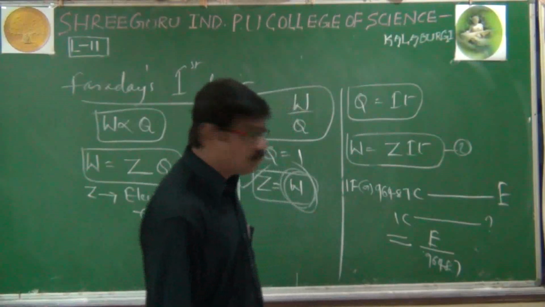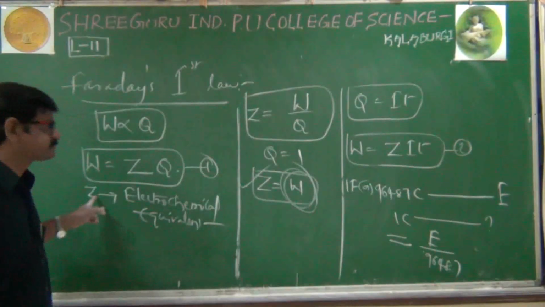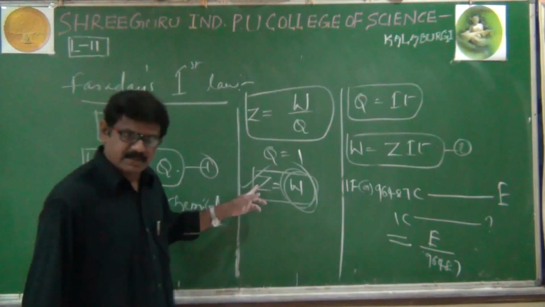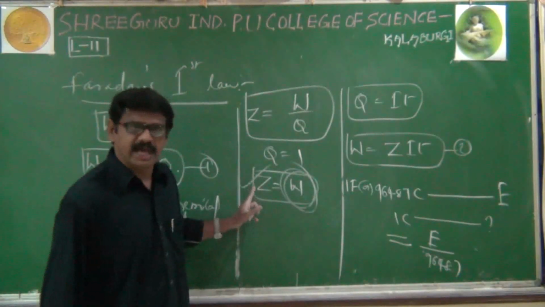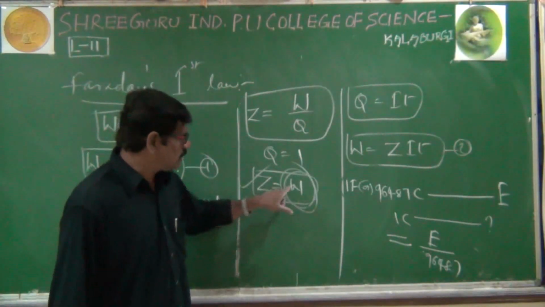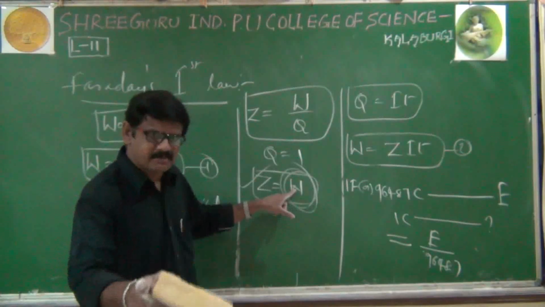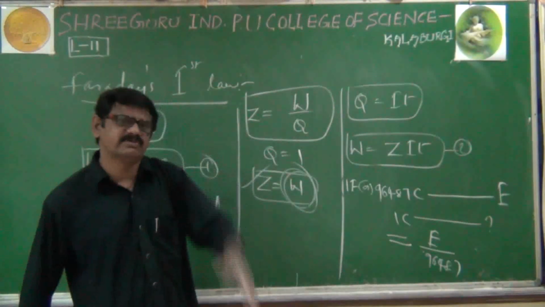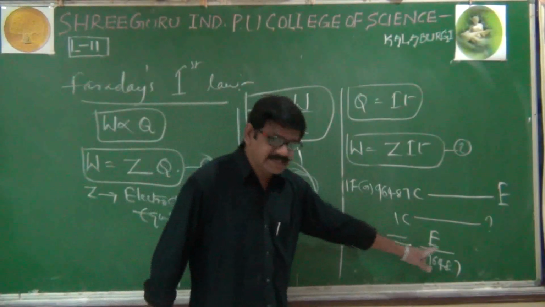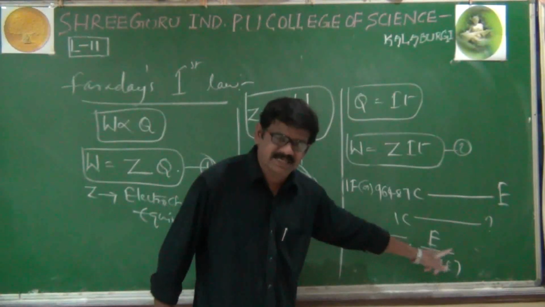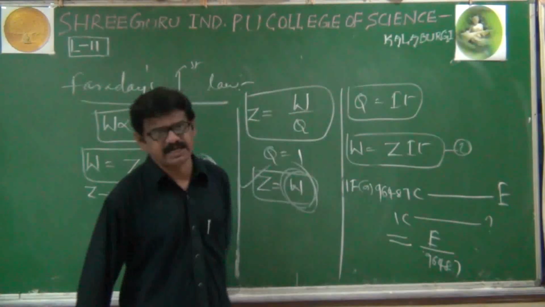Then we'll go back to Z, electrochemical equivalent. How have we defined Z? Z is also the amount of substance deposited when 1 coulomb of current is passed.